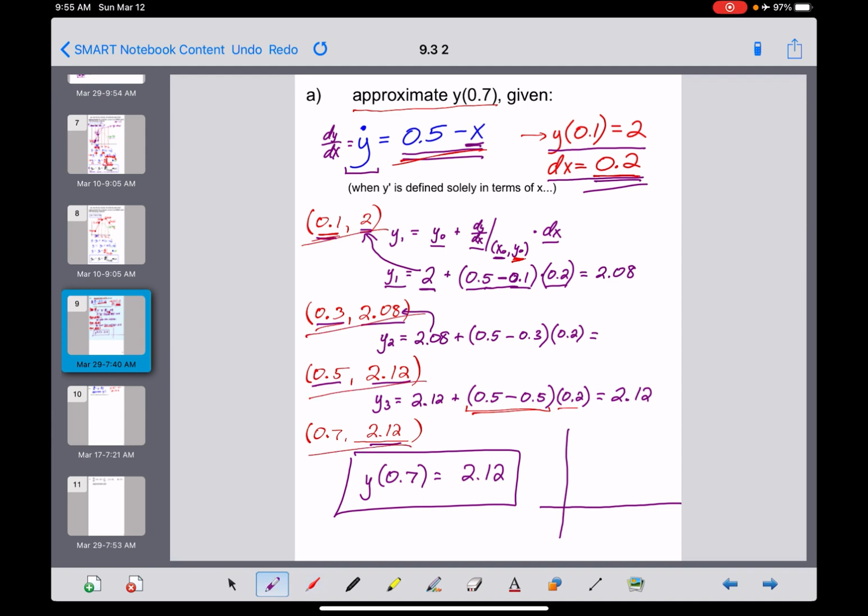If we were to plot these points, we're at 0.1, 2, right about here to start. And then 0.3, 2.08, so it goes up a little bit higher. And then 0.5, we're at 2.12, and then at 0.7, we're at exactly the same value.